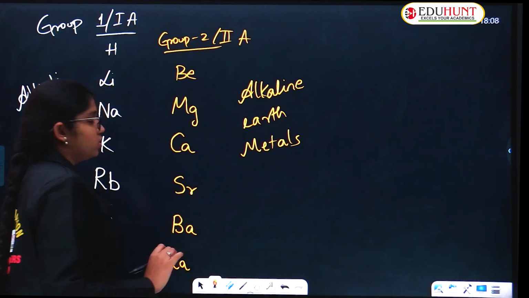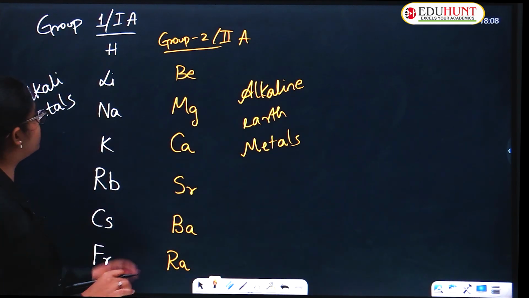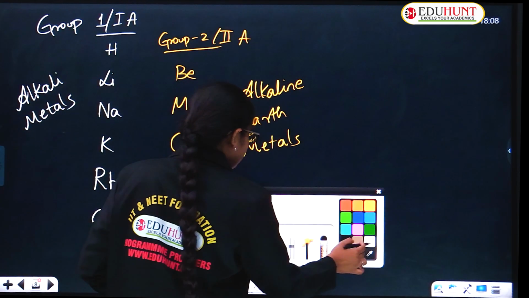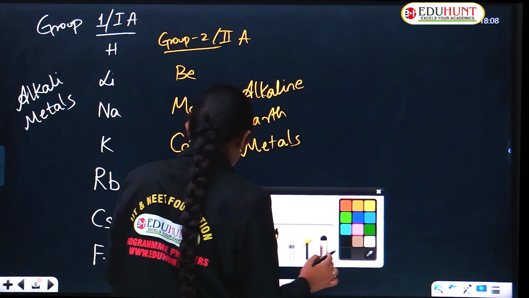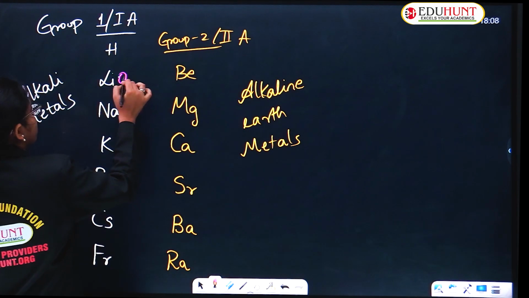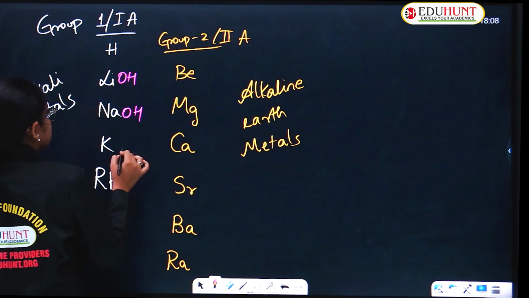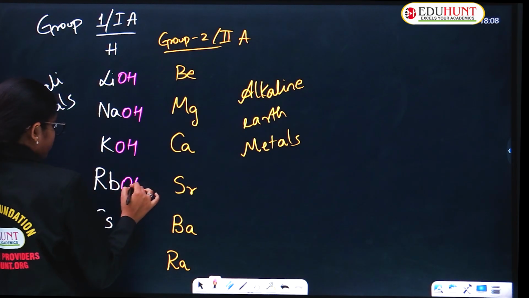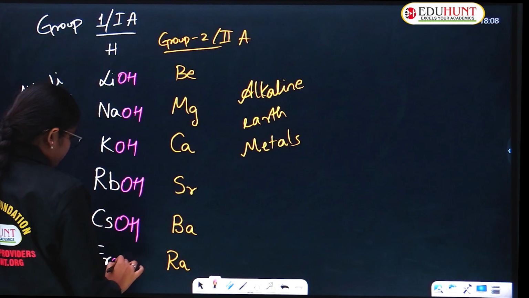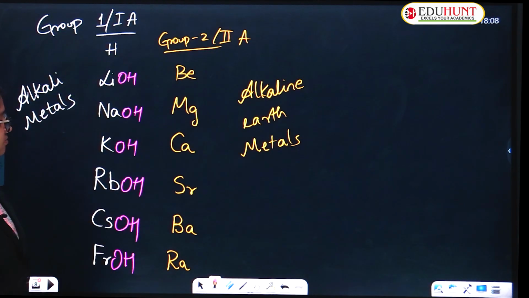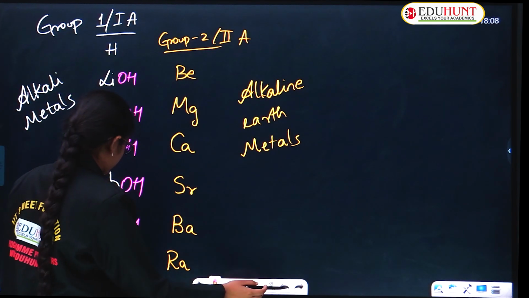So both contain hydroxides, which means, I'll write here, just a second: LiOH, NaOH, KOH, RbOH, CsOH, FrOH. FrOH is radioactive.